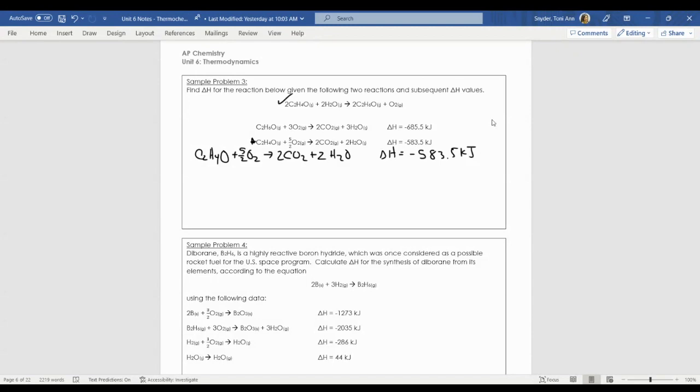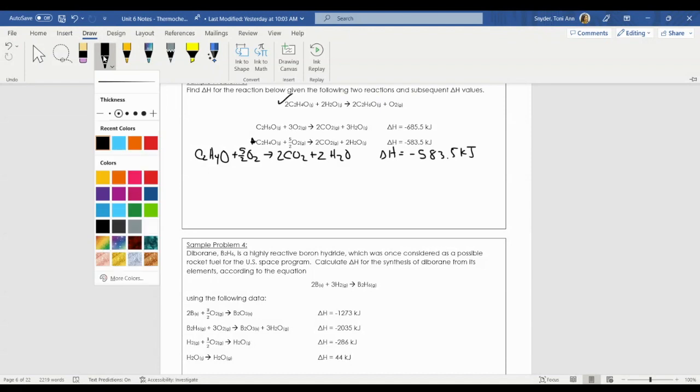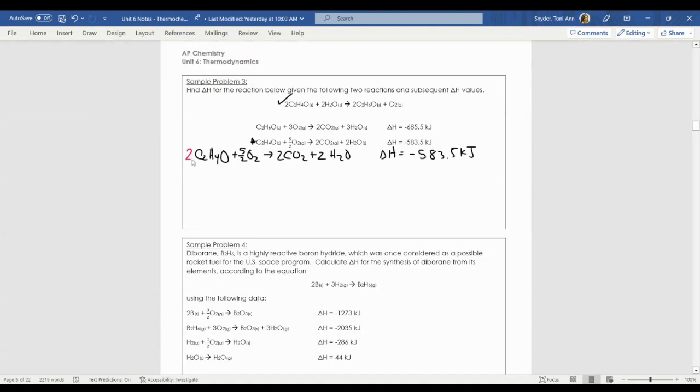If I notice this top reaction, however, I have a coefficient of 2. So in order to get this as a coefficient of 2, I have to multiply everything in this example by 2. So this would be 2C2H4O. This would be 10 over 2, which gives me 5. This would be 4.